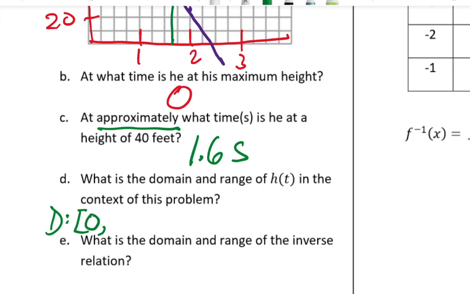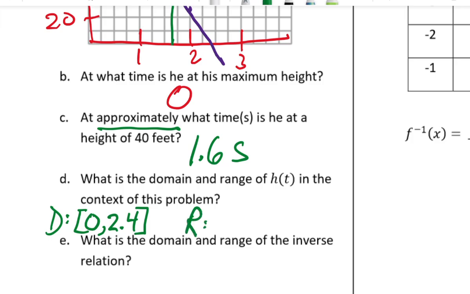That would be from 0 to about 2. Let's see, so it's less than 2.5. How about, let's say, 2.4? Now, the reason I would say go until he hits the water is that once he hits the water, the equation that describes his movement is actually going to change because the water is going to provide some resistance.